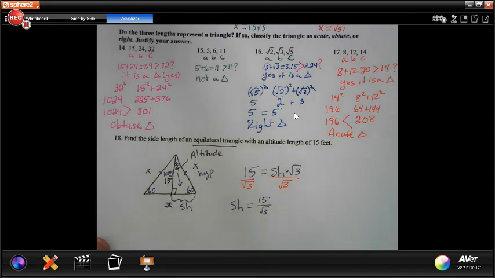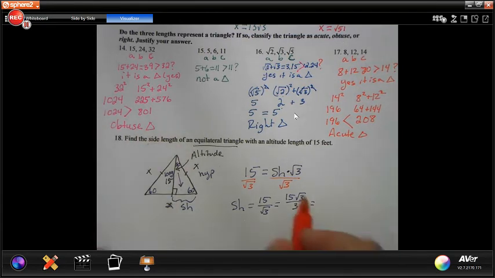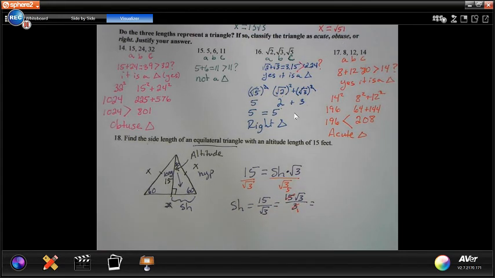But if you have a radical in the denominator, remember to move it upstairs and write it whole downstairs. Then we can reduce. 3 goes into itself once, and 15 5 times. So we get 5 radical 3. And that's the short leg. 5 radical 3 right there on the short leg.